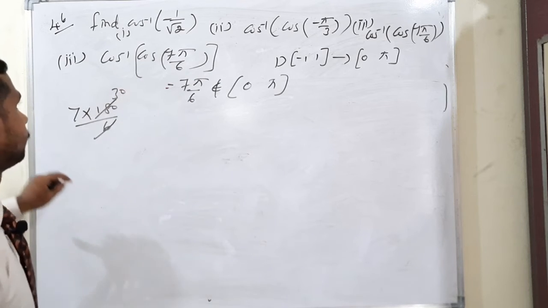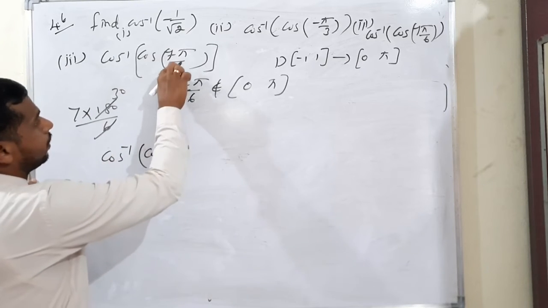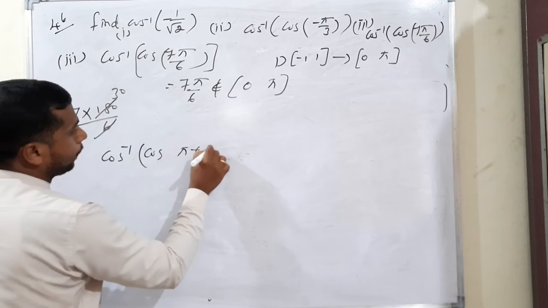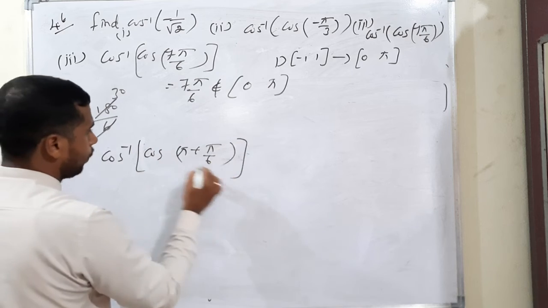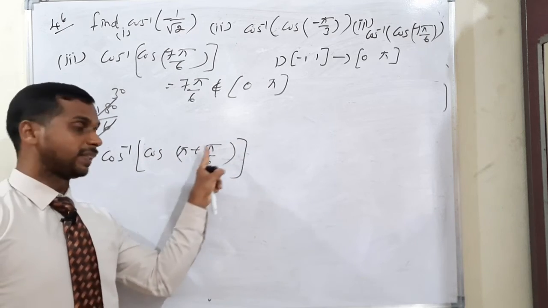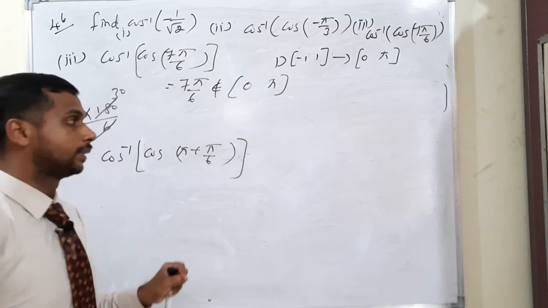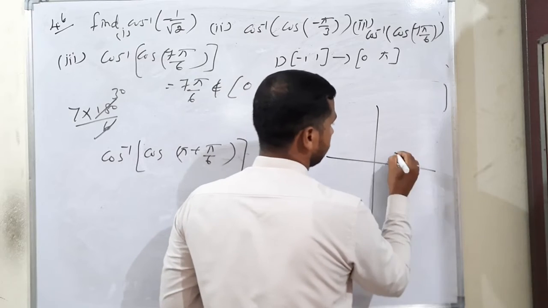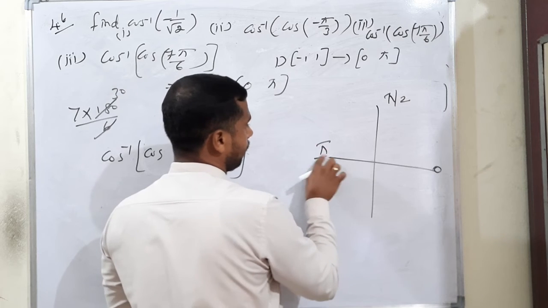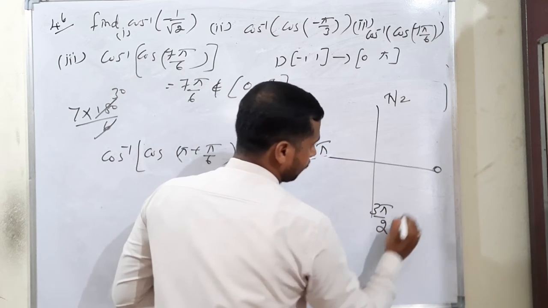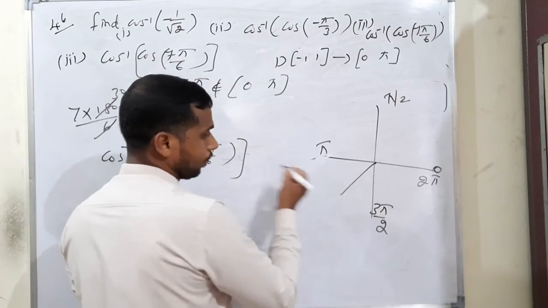How to do it? Look here, cos inverse of cos, expand 7 pi by 6 as pi plus pi by 6, since 6 pi plus pi is 7 pi by 6. Then on the unit circle, 0, pi by 2, pi, 3 pi by 2 and 2 pi, pi plus means it lies in the third quadrant.